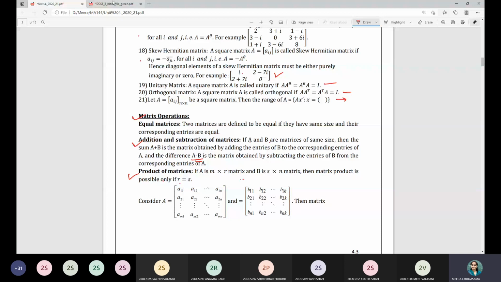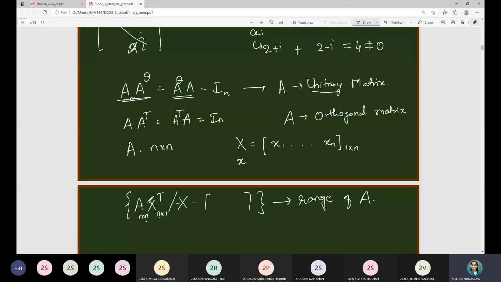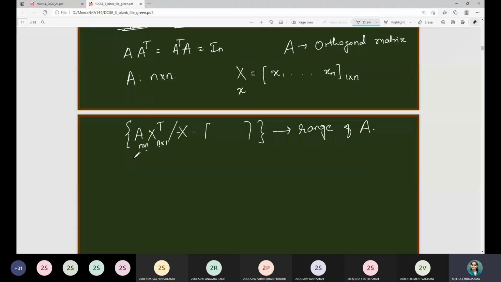Product of matrices: right now I have just discussed the product, but let me consider the precise one. Suppose A is of order m cross n and B is of order p cross q. Then when do we say that matrix multiplication AB is possible?